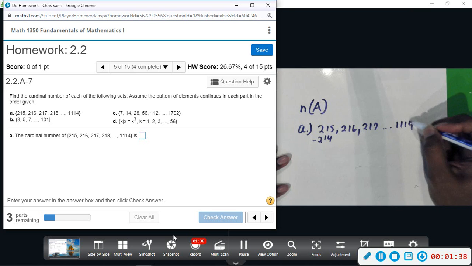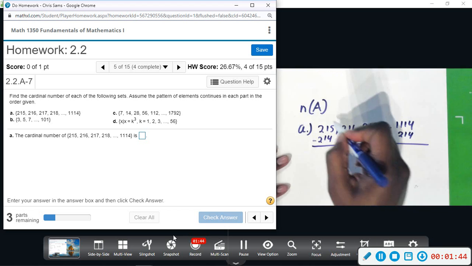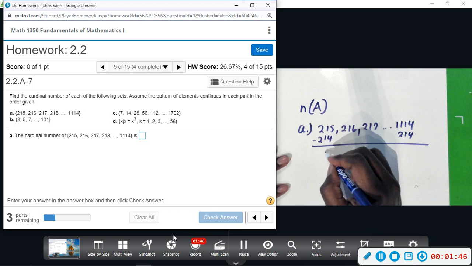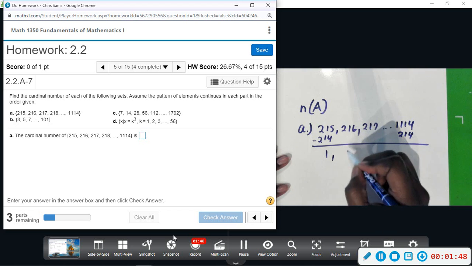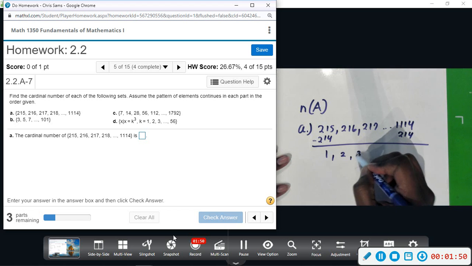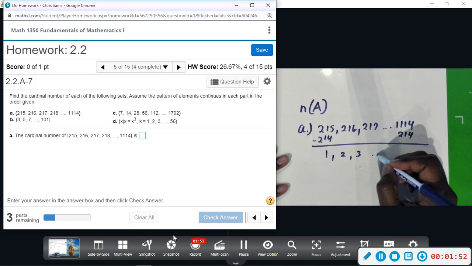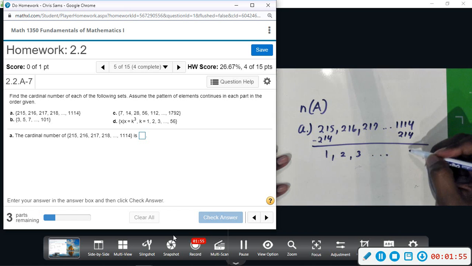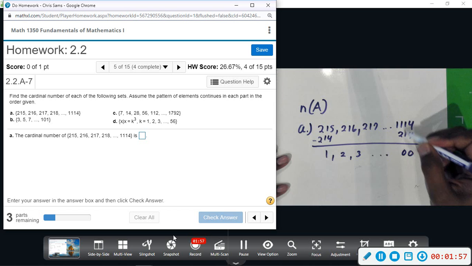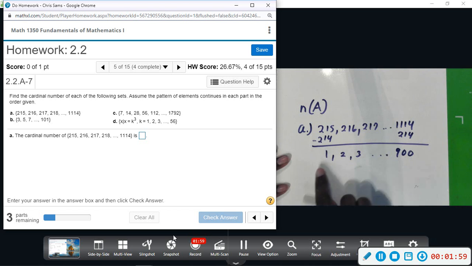This is the most important one that we're concerned with, because that's the last one, 214. So if I subtract 214 from every term, this would be 1, this would be 2, this would be 3. So it'd be counting by ones. And then up here, if I subtract 214, we would have 900. So this pattern has 900 terms.